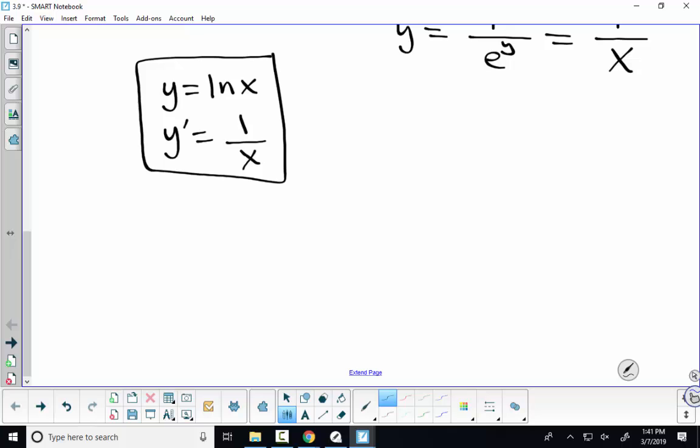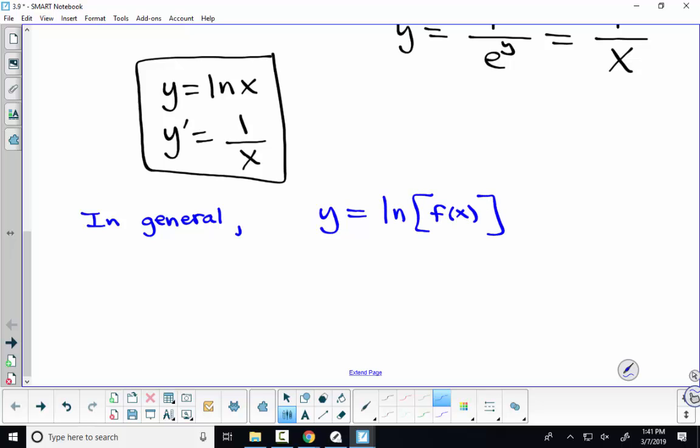So in general, if y equals the natural log of any function of x, whether that's x, x squared, whatever, then y prime is 1 over the argument, just like ln of x derivative is 1 over the argument, and then what else do we need here?